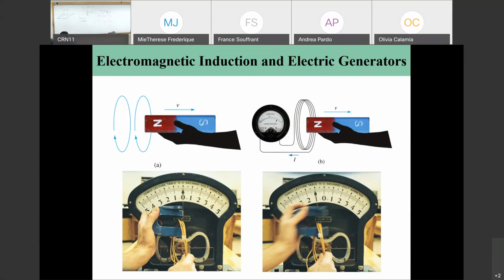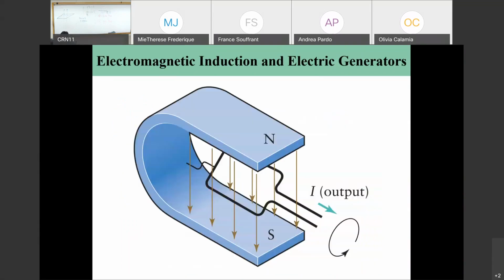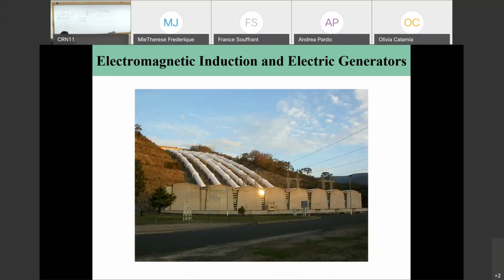And by the way, I didn't really emphasize why charges move or why the induced current will be in an opposite direction. There is this whole idea of Lenz's law.